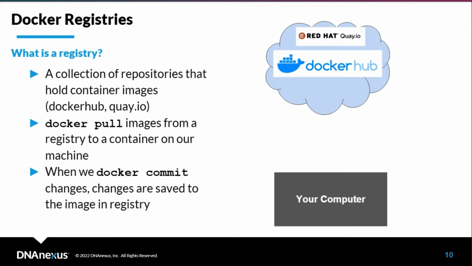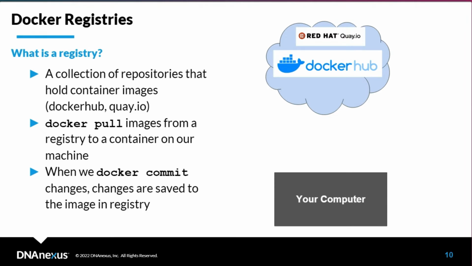Let's start with the idea of a registry. A registry itself is a collection of repositories that hold container images. We'll get into the definitions of containers and images in just a second. Registries are things such as Quay.io or Docker Hub.